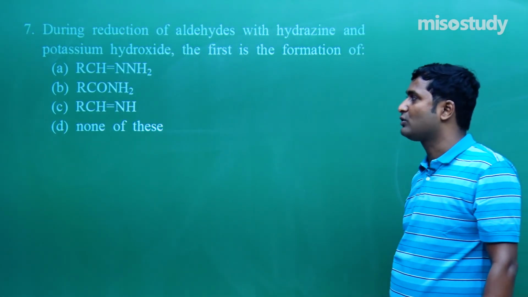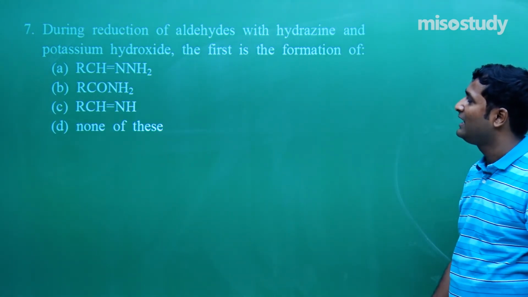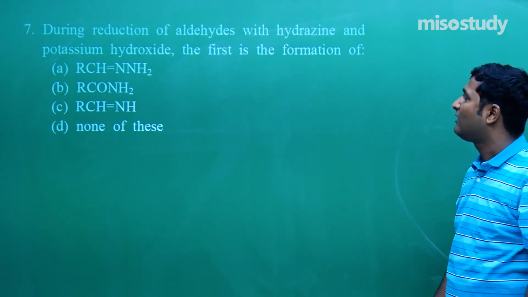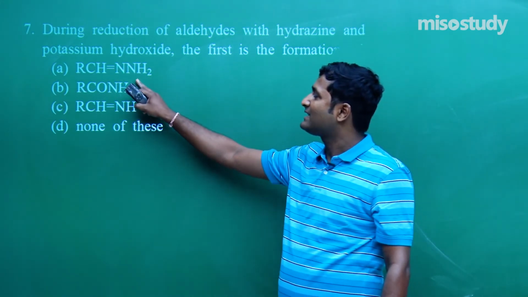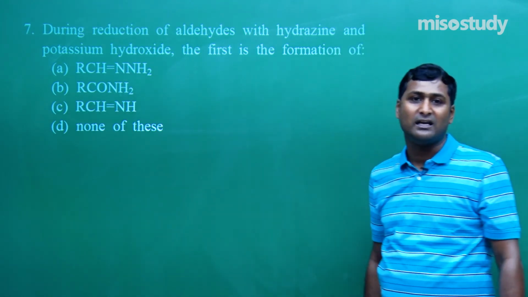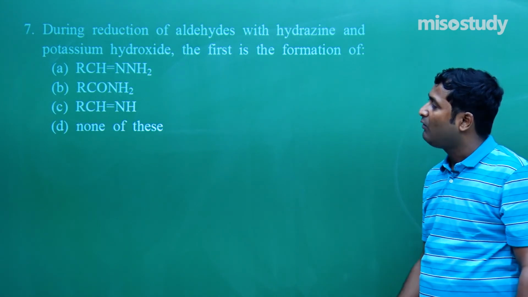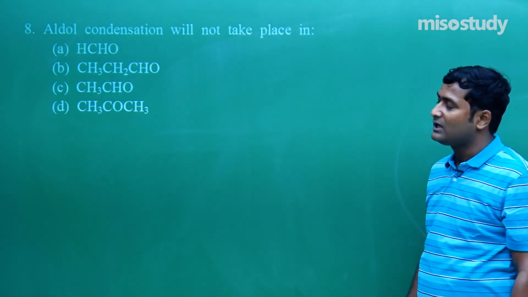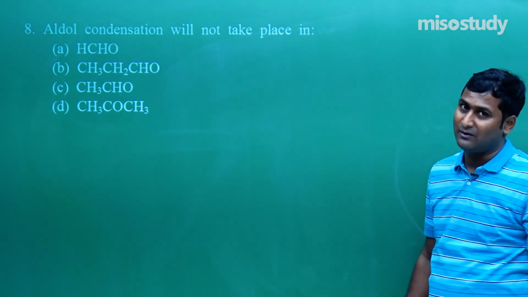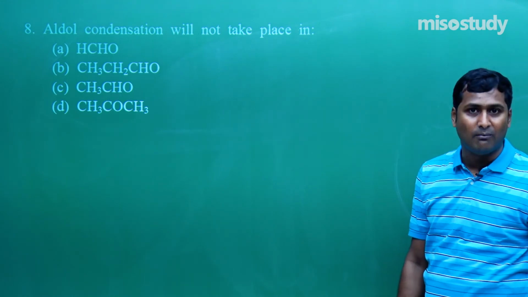Now let's move to question number 7. During reduction of aldehyde with hydrazine and potassium hydroxide, the first step is the formation of RCH. This is the famous reaction, Wolff-Kishner reduction. Clear to you? So A is the correct option. Now aldol condensation will not take place, as I discussed many times, in A, HCHO, formaldehyde.